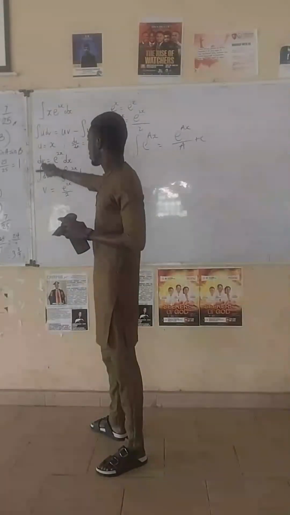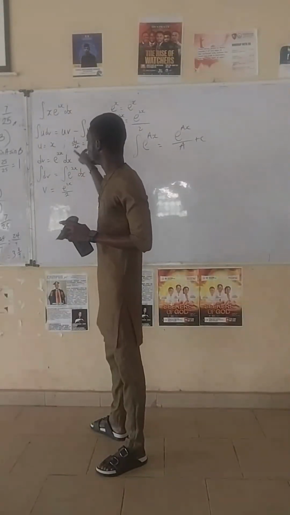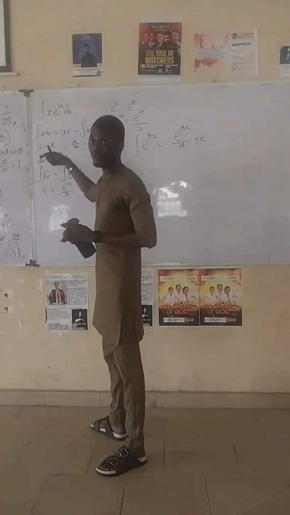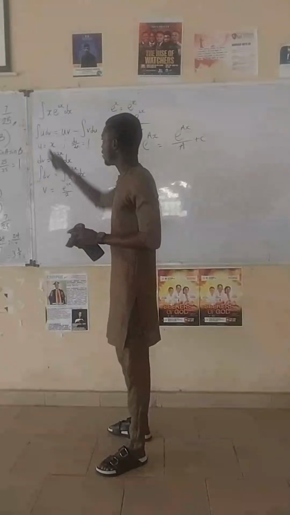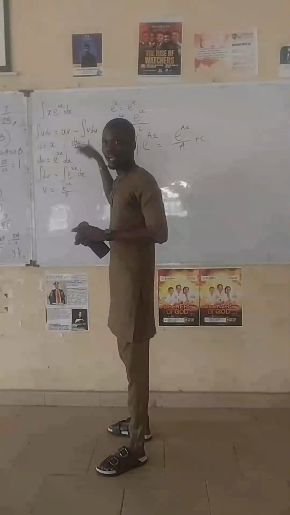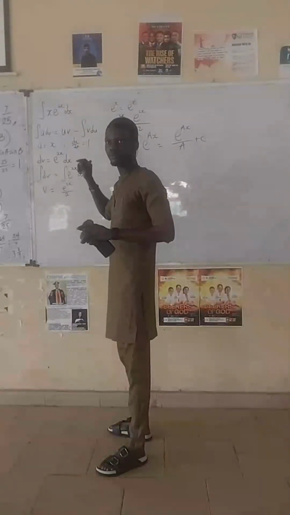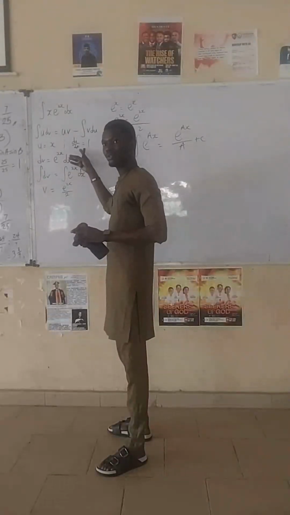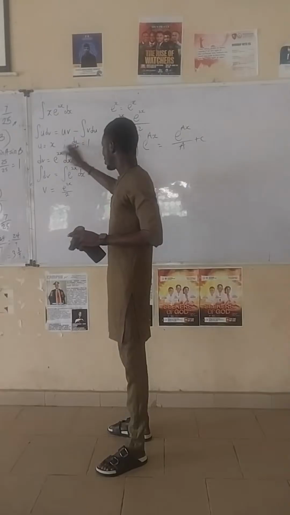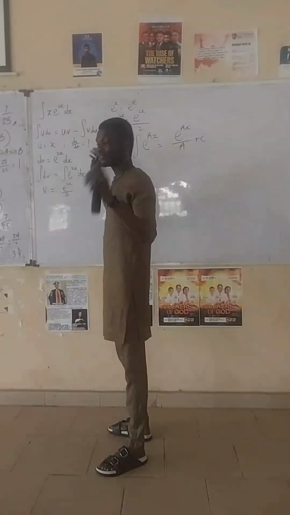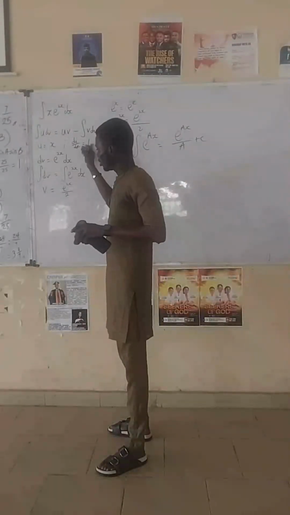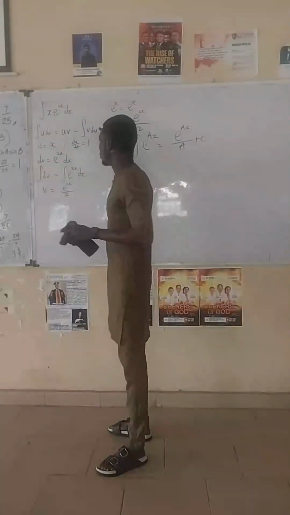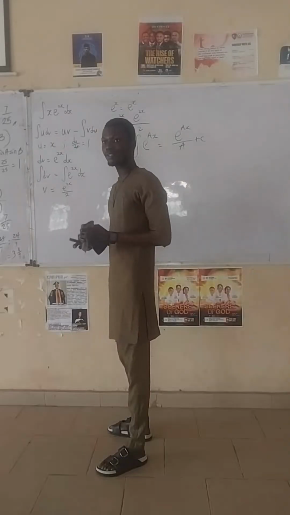Find the derivative of u, then find the integral of dv so that I can get v. At the end, we have u, du, v and dv. Those 4 things are needed for you to continue with the formula for integration by parts.